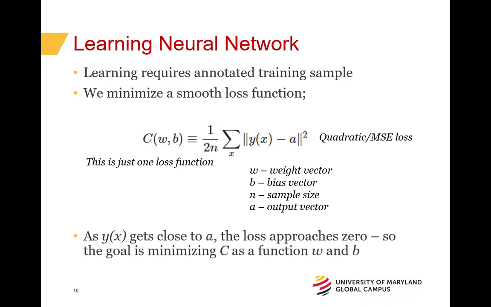So we minimize a smooth loss function, right? That's why sigmoid was important. It's because it's kind of hard to find the minimum values for a perceptron, so it's easier to work with a smooth function. Here we're using a quadratic. It's just an example; there are other loss functions. By the way, the book that I use primarily for this lecture uses the term cost function, but they're the same thing.